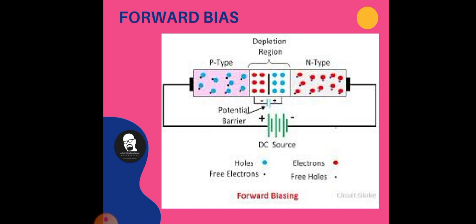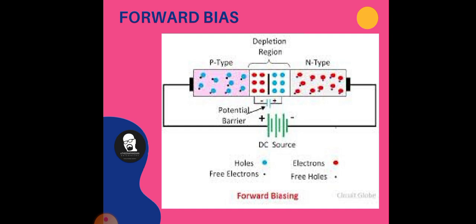Now you can see that the detailed forward bias connections are shown in the picture. So the p-type semiconductor is connected to the positive terminal of the battery, and the n-type semiconductor is connected to the negative terminal of the battery. As we go on increasing the supply voltage, the holes from the p-type semiconductor will get external energy from the battery, and electrons from the n-type semiconductor will get external energy from the negative terminal of the battery.